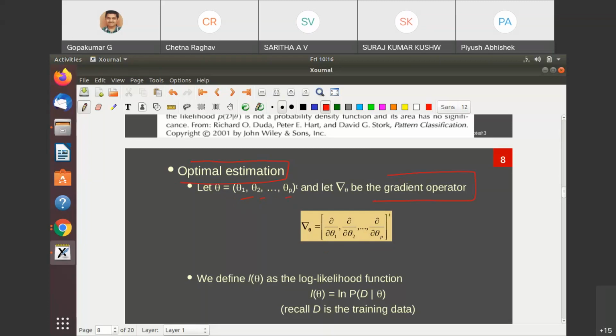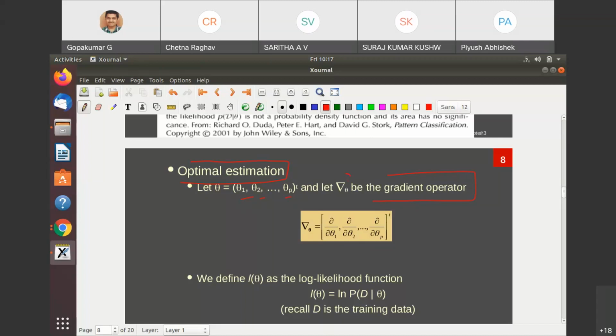Here we partially differentiate the probability value with respect to each of the parameters, theta 1, theta 2, and so on, and from there we find the best value for theta 1, the best value for theta 2, etc. That is the procedure that is generally followed.